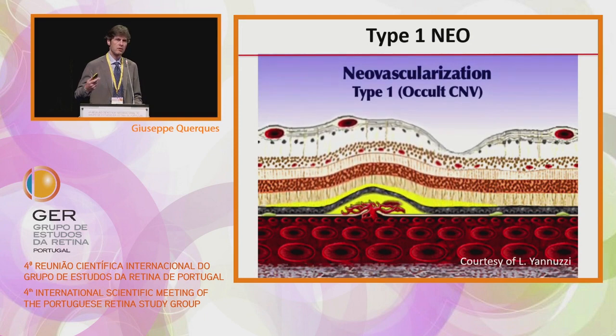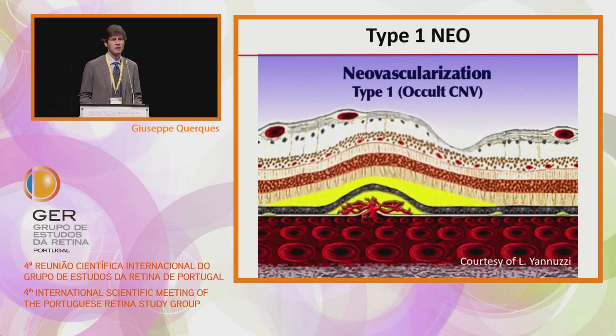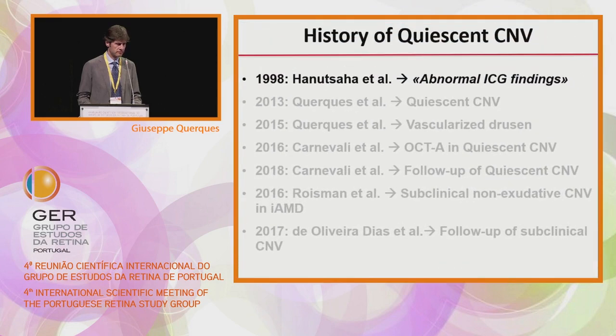You can see it from the choriocapillaris breaking the Bruch's membrane and then growing beneath the RPE with exudation. So the typical characteristic for type 1 neovascularization is subretinal and some intraretinal exudation.